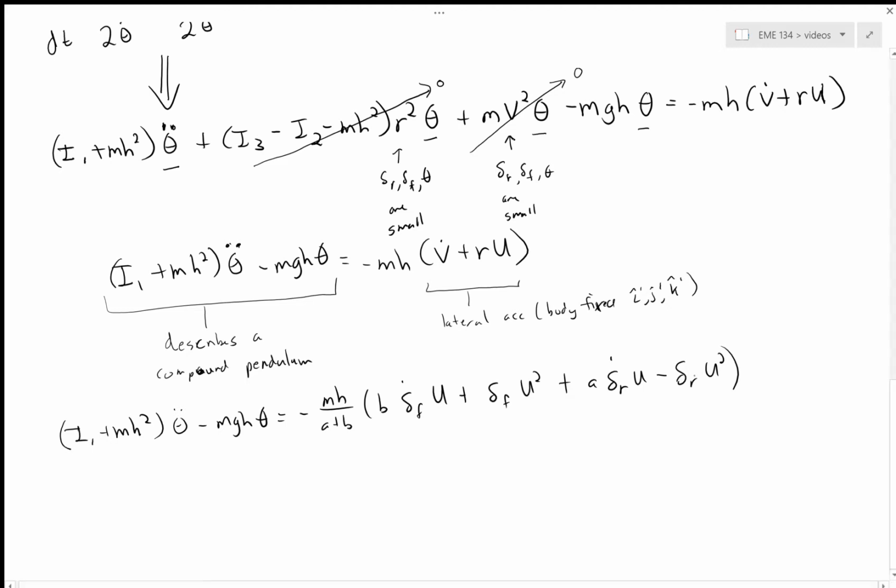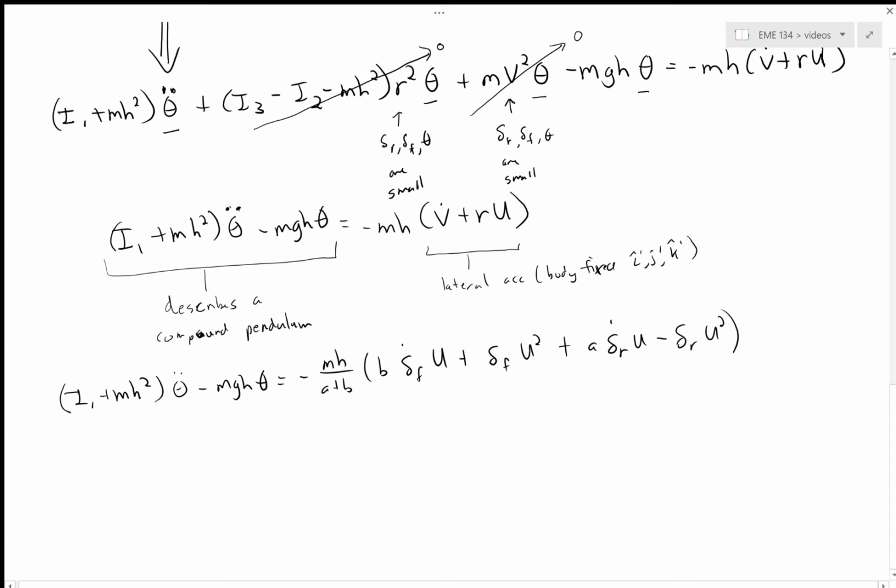So we have steer angle for front and rear inputs that are going to cause some roll angle motion. All right, so this is our single degree of freedom equation of motion, and it is linear.